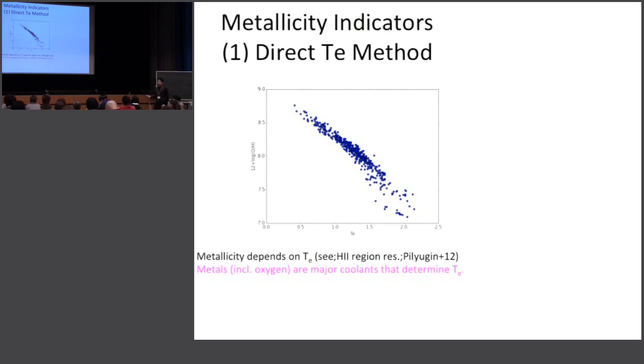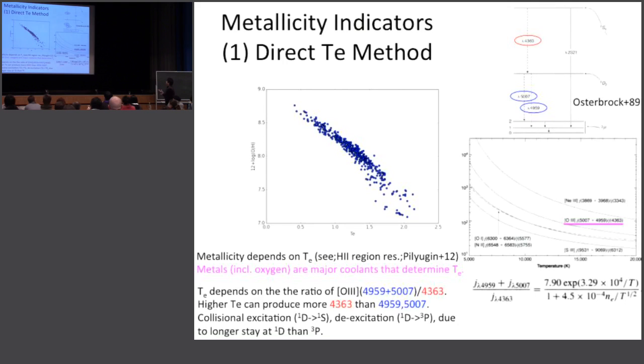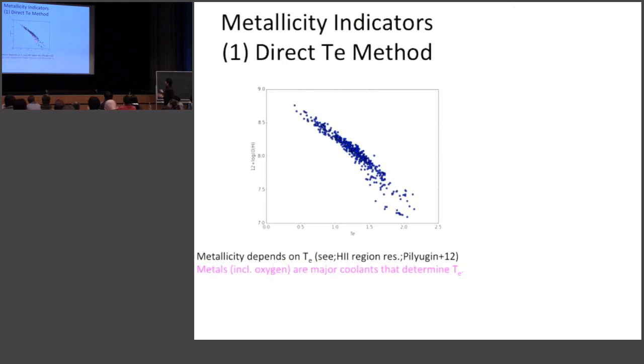This is because if you have more metals, the metals work as coolants of the ISM, so you have a lower electron temperature.